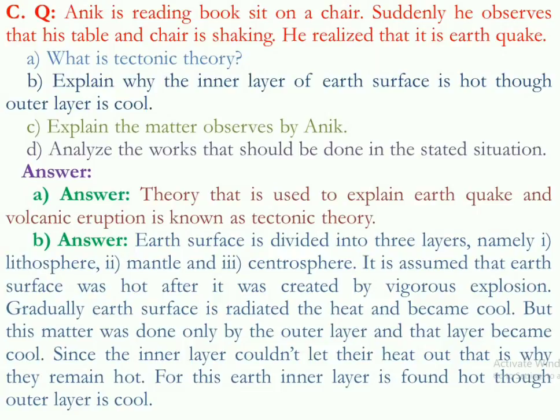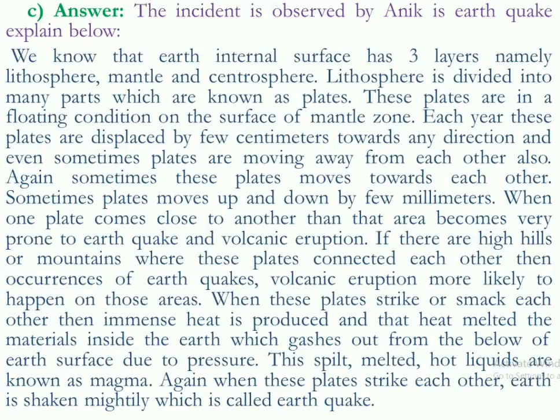Now let us see the matter observed by Onik. The incident observed by Onik is an earthquake. Now we are explaining how an earthquake happens. We know that the Earth's internal surface has three layers, namely lithosphere, mantle, and centrosphere. Lithosphere is divided into many parts which are known as plates.